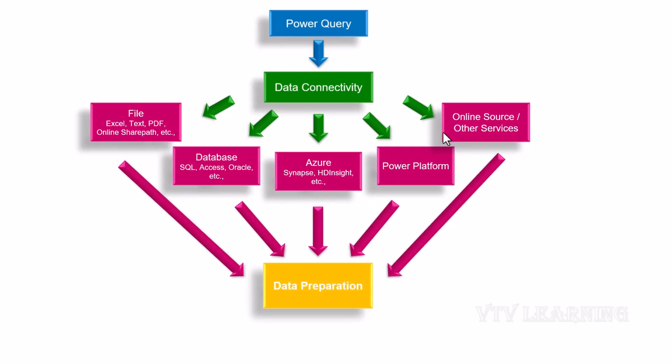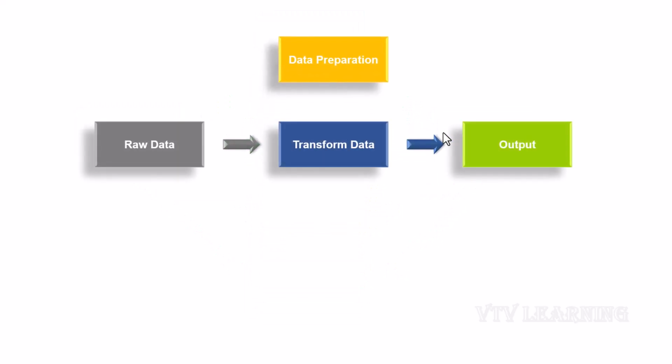All the above sources will be connected to data preparation. What is data preparation? The source data we have seen earlier is the raw data that can be transformed, and we will be getting the output.